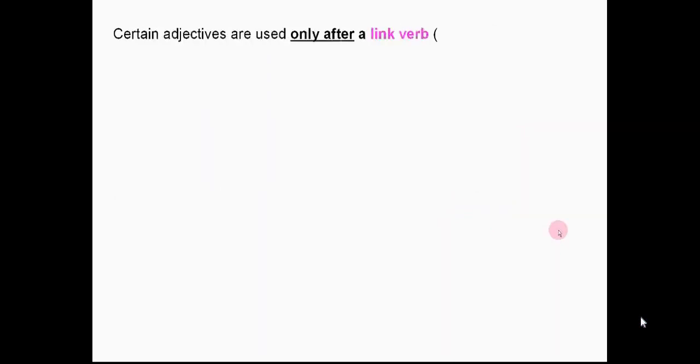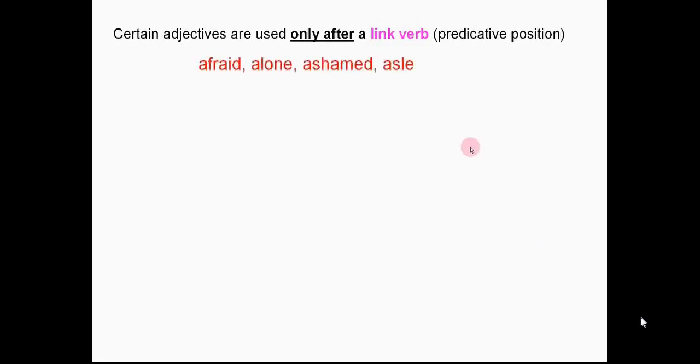And the other exception, certain adjectives are used only after a link verb. There are lots of examples of this, and here are the most common examples. Afraid, alone, ashamed, asleep, awake.